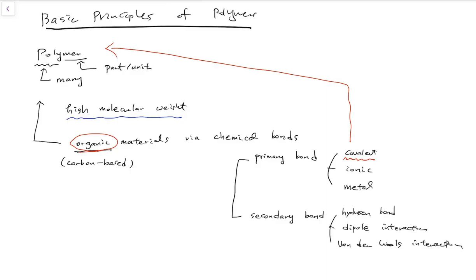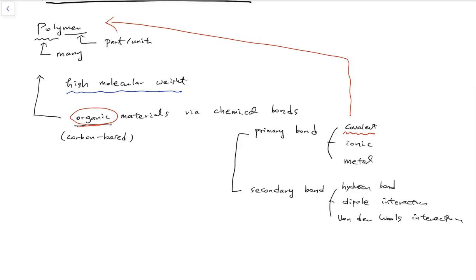So we said that polymer means many parts or many units. So what exactly is a part or unit? There is a certain unit inside of polymer structures. For example, let's draw a polymer structure, polyethylene terephthalate, PET.